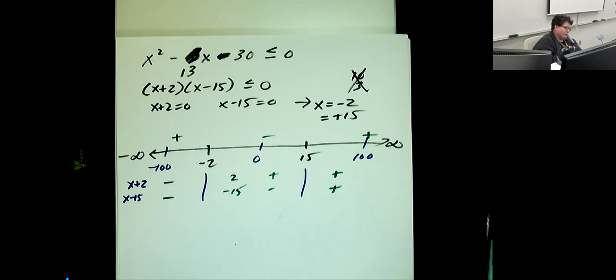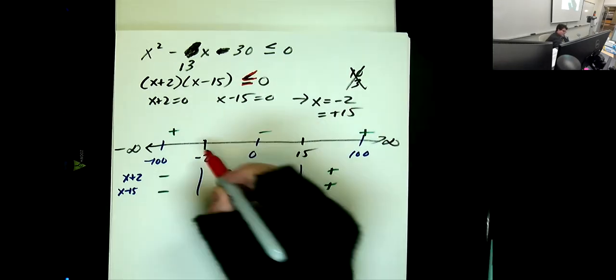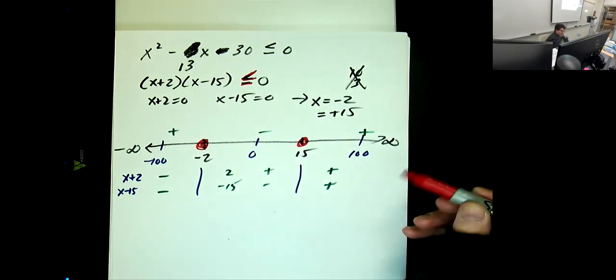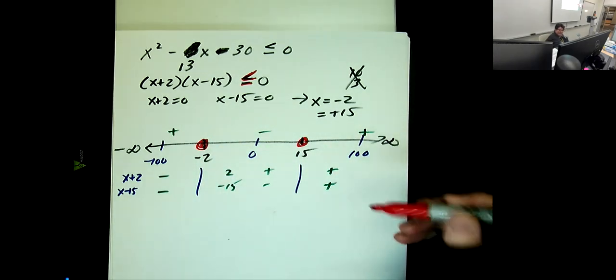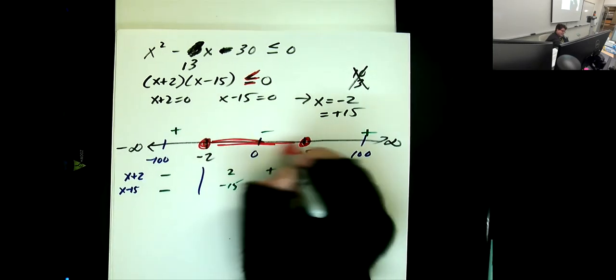So now we go up to the original equation and see that we're looking for less than or equal to. So we're going to definitely include these 2 points right here. And less than or equal to is where the value would be negative. And the negative value is in this negative region right here.